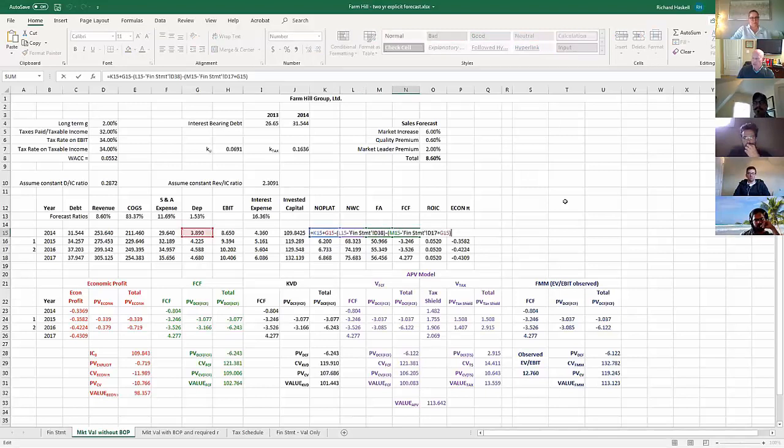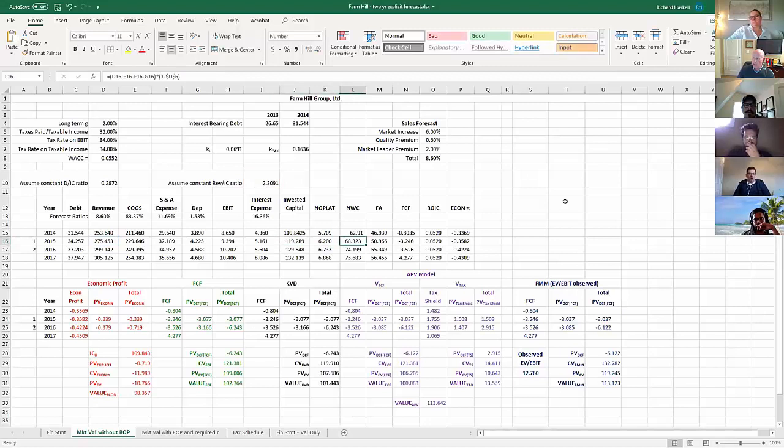This is what I calculated over a 2-year time frame. And then this was simply NOPLAT divided by invested capital. And invested capital was over from the statement, but I can look and I can see that invested capital can be looked at from a ratio standpoint, or I could have just calculated invested capital by taking net working capital plus fixed assets. It gives me the exact same number. So it doesn't matter which method I use.